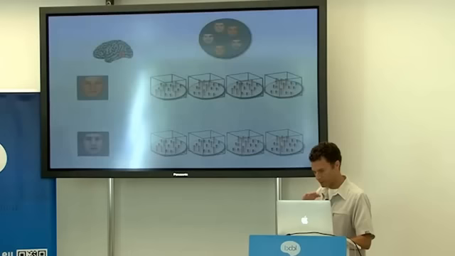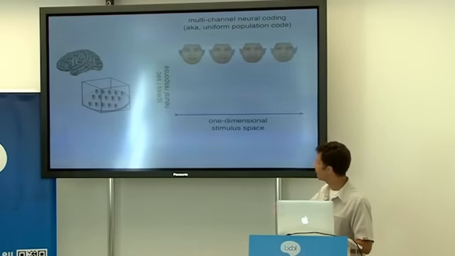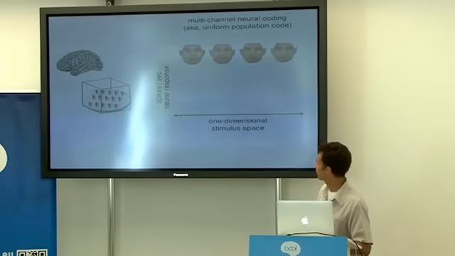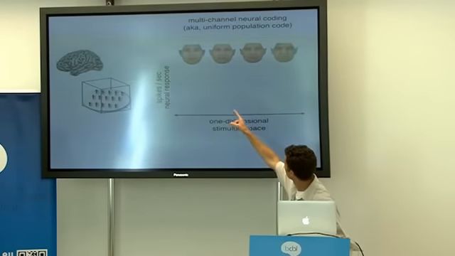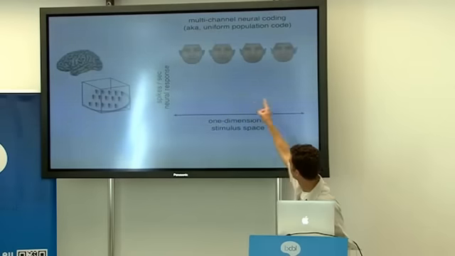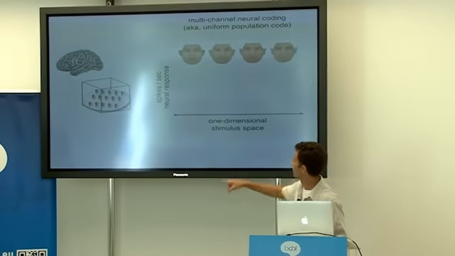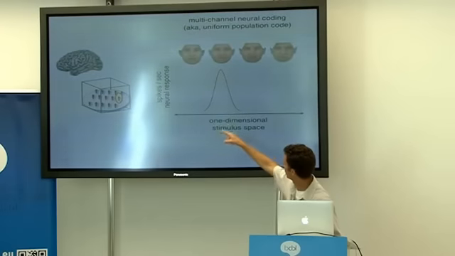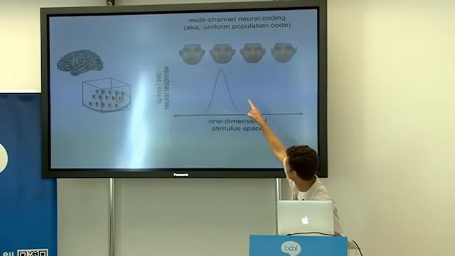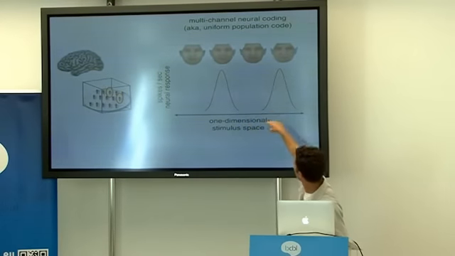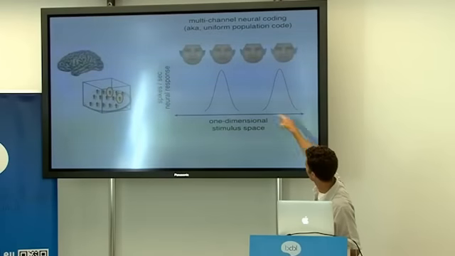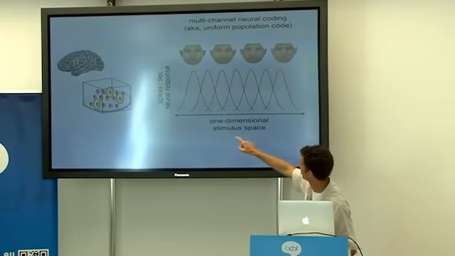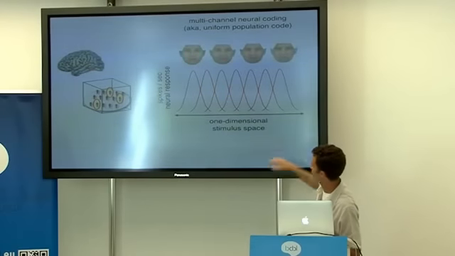To be more concrete, a very simple cartoon model of this circumstance is that you have a space of different faces, these 4 different faces, and a set of neurons. You might have one neuron that's tuned to respond best to that face, and another neuron tuned to respond best to that face, and so on. So different neurons respond best to different faces.